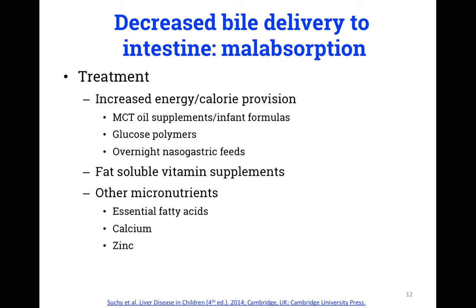And then even something like calcium and phosphorus have been shown to be reduced because of reduced intestinal absorption. This is because fats that are not absorbed can form insoluble complexes with calcium and phosphorus. So all of these things need to be considered, and there are other micronutrients that also need to be considered and monitored appropriately in these patients.